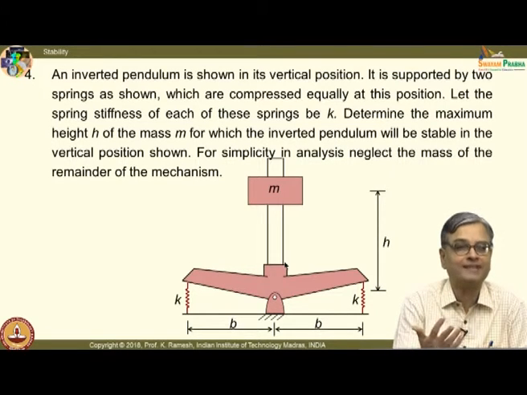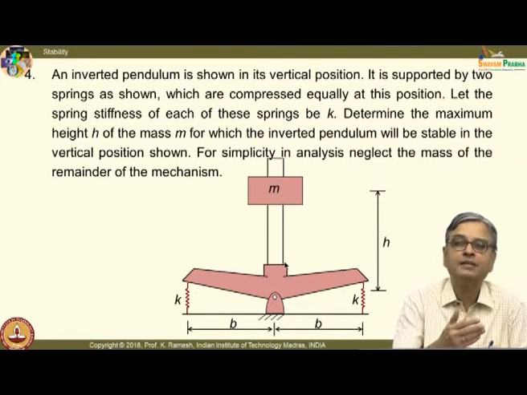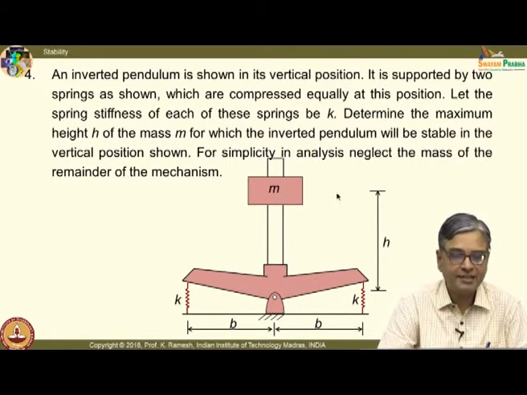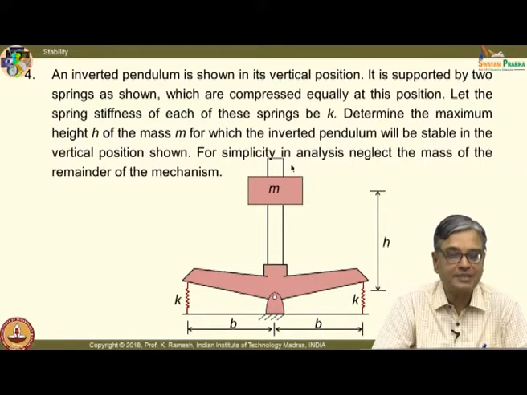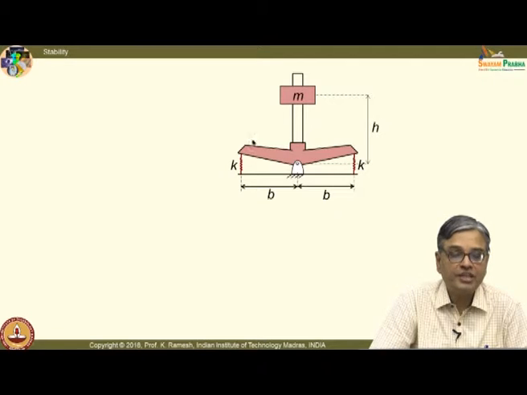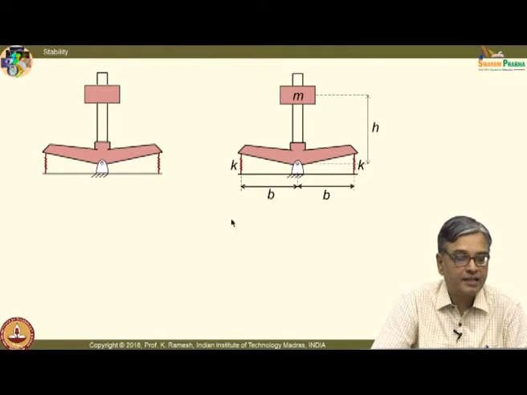You have to visualize that. In some problems, the problem statement itself gives you the displaced position, so it is easy to solve. In this case, you are asked to find out what happens at the vertical position. For me to write the mathematics, I must first visualize the kind of change when there is a disturbance, and that is shown in a nice animation here.